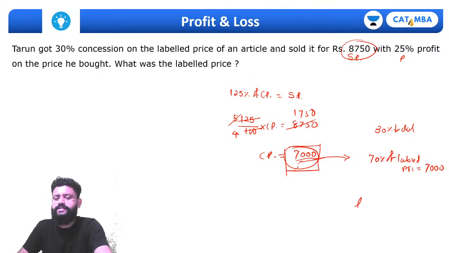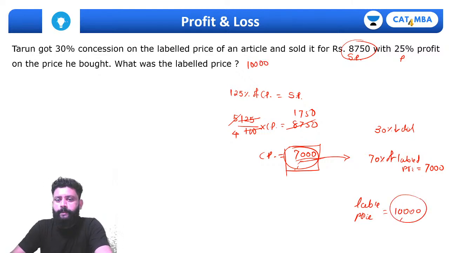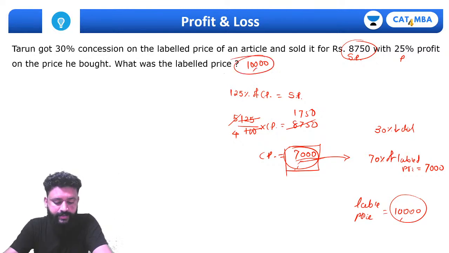So definitely it's really clear. Label price 10,000. The calculation part is very simple. So the label price is 10,000.